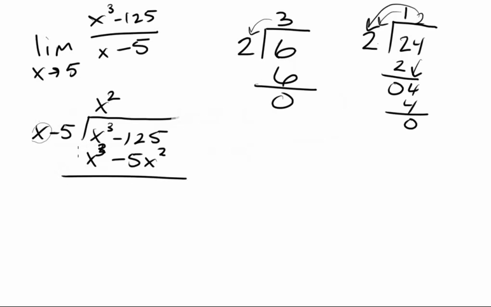Now, subtracting is something you need to be kind of careful of. So it does help a little bit to make sure you have your terms lined up right. All right, so I'm going to rewrite what's on the inside here. We don't have an x squared term, so I'm going to put 0x squared.